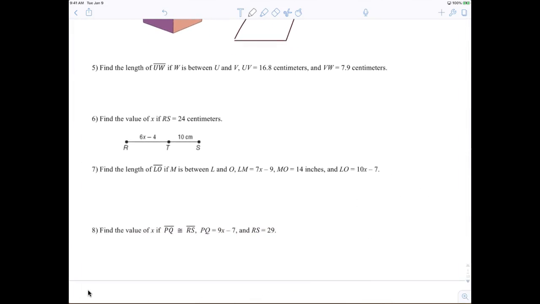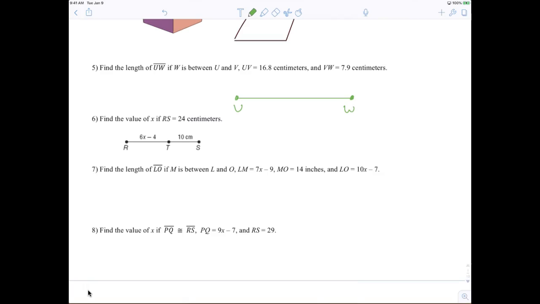All right, so here we go now. Find the length of UW if W is between U and V. So what I want you to do is get in the habit of drawing in that segment UW.